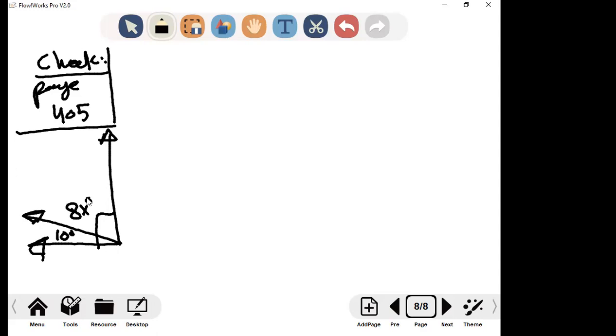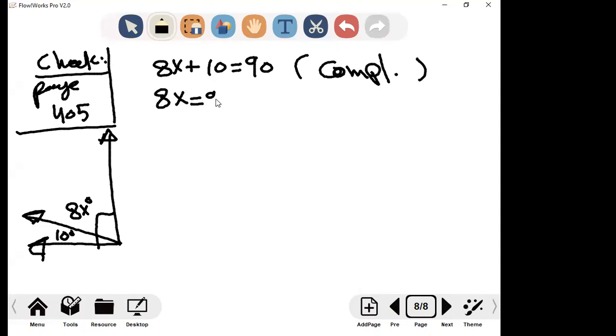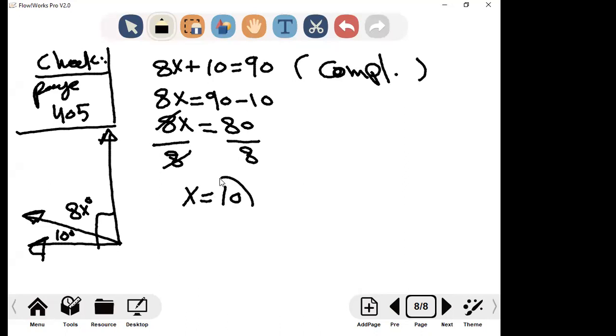If you add these 2 angles, the answer will be the whole angle, which is 90. So they are complementary. So 8x plus 10 equals 90 because they are complementary, right? Now 8x equals 90 minus 10. 8x equals 80. Divide by 8 on both sides. x will be 10.